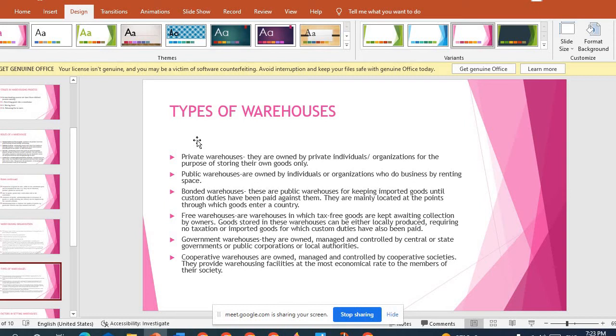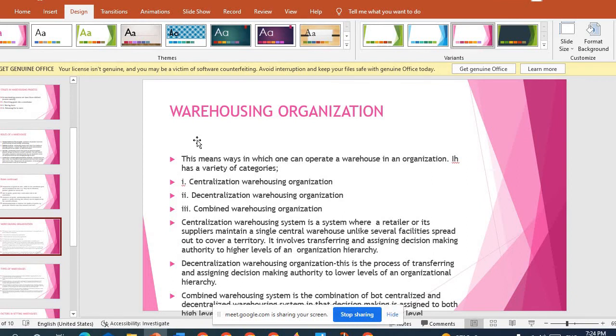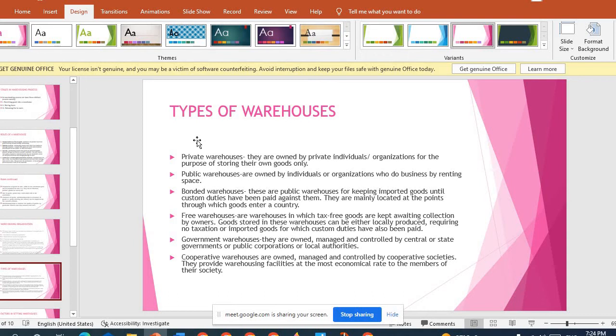Then we are going to look at the types of warehouse. Any idea? Bonded warehouse. Yes, good. So we have like 5 types of warehouse. We have private warehouses. These are owned by private individuals.